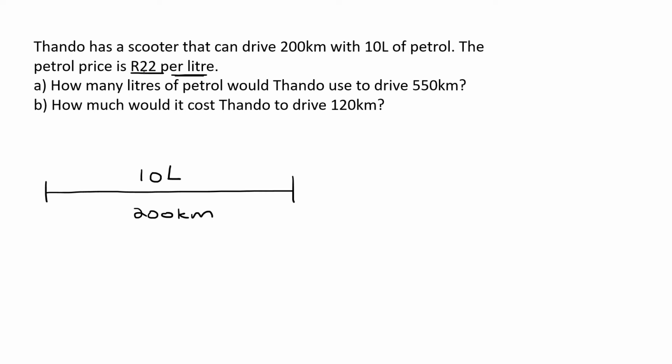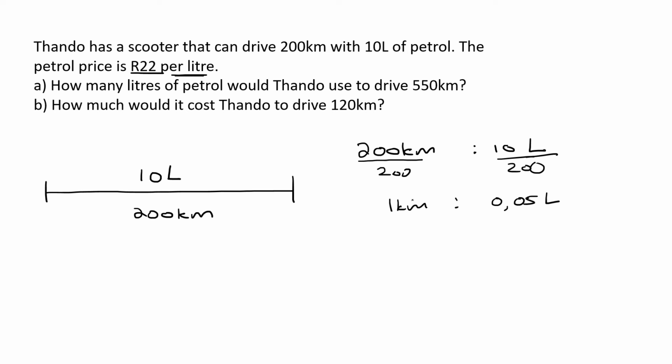So the first question says, how many liters would Tandor use if he drives 550? Now, there's many different ways you could do this. One of the ways is you could say, okay, if we drive 200 kilometers, that will use 10 liters. Okay, so if you then divide this by 200 and you divide this by 200, then this will give you 1 kilometer, and this will give you 0.05 liters.